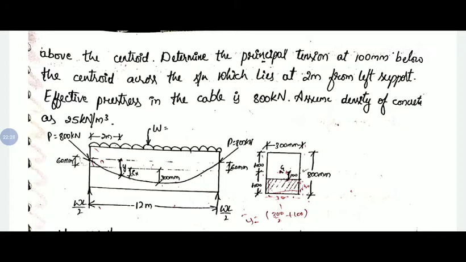In 400 we need to consider 100 mm below the centroidal axis. That means from the bottom we need to consider 300 mm height, that area for calculation of stress. At that particular level we need to find out the tension stress. So the area of the shaded or hatched portion will be 300 by 300.